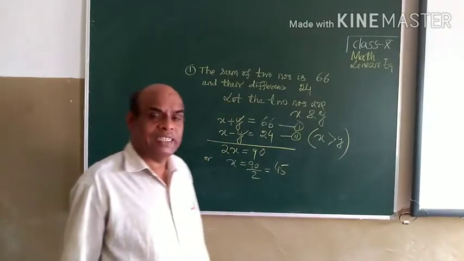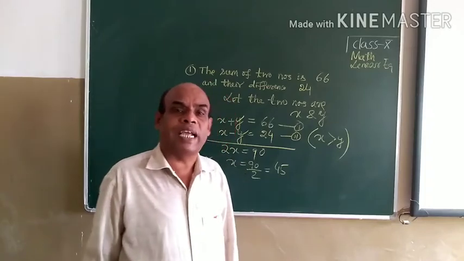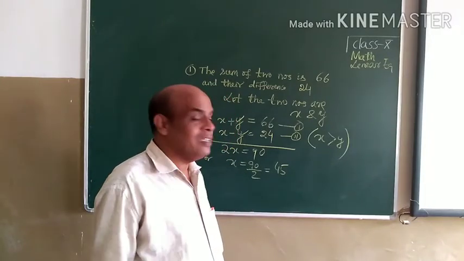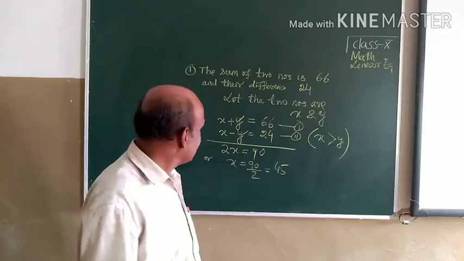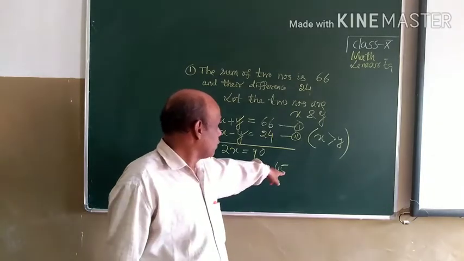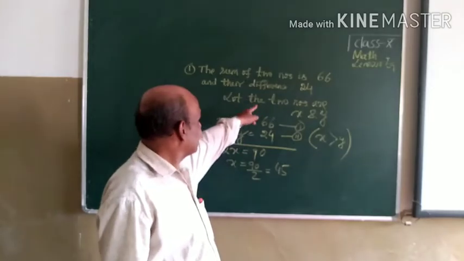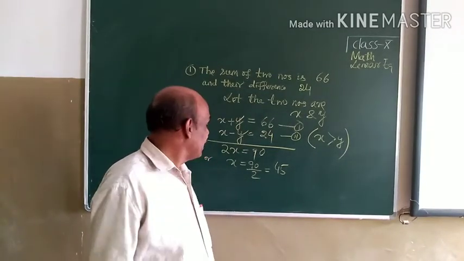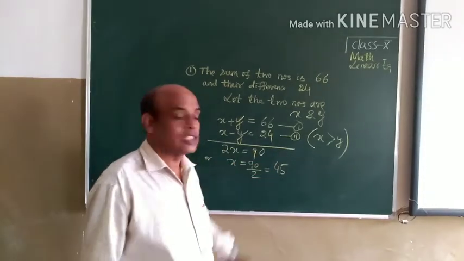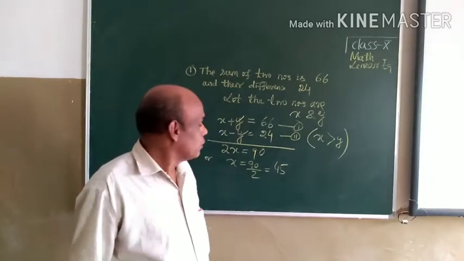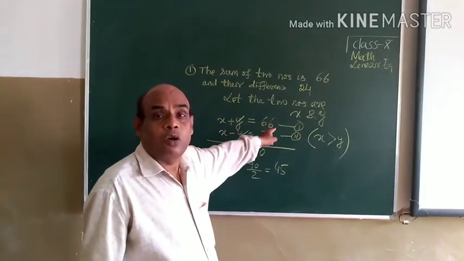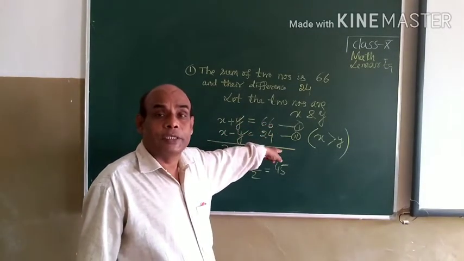2x is equal to 90, so x is equal to 90 divided by 2, that is 45. So we got one number is 45, because we have taken the two numbers as x and y. Now we put the value of x in either equation 1 or equation 2.